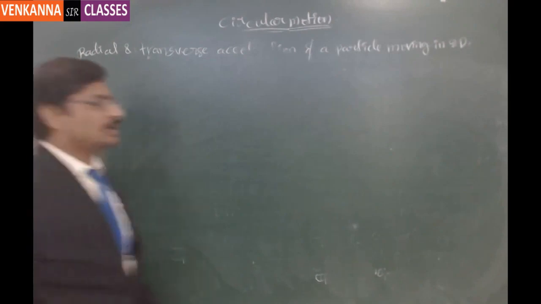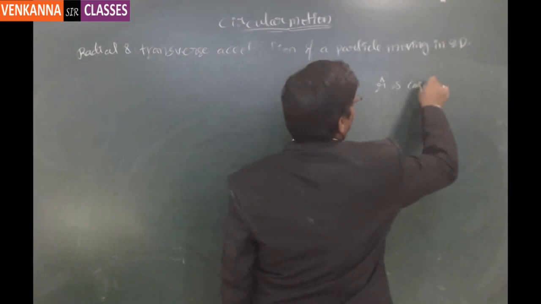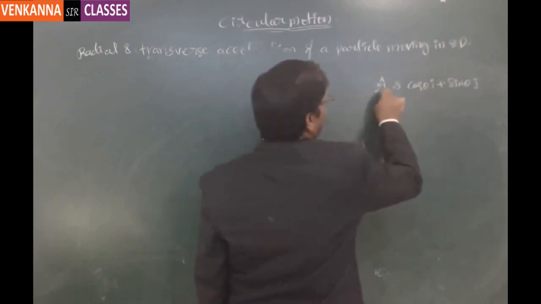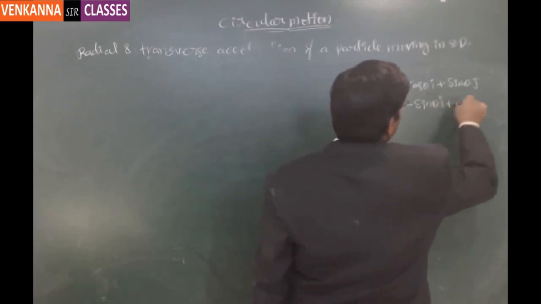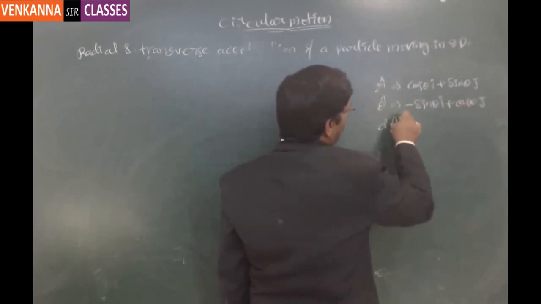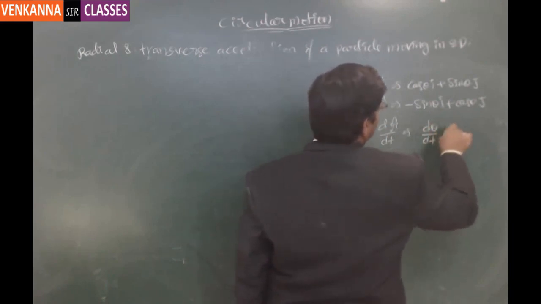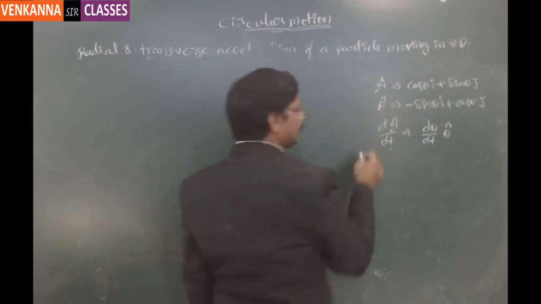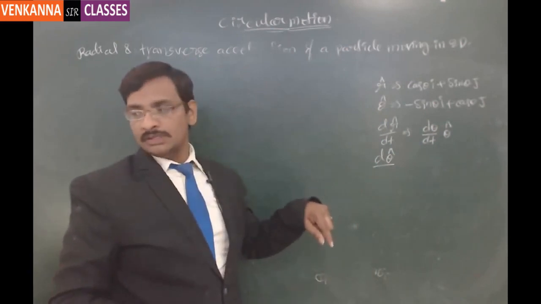So we have got the fundamental relations, that is r cap equal to cos theta i plus sin theta j, and theta cap equal to minus sin theta i plus cos theta j, and dr cap by dt is equal to d theta by dt into theta cap. And similarly, we calculate d theta cap by dt, because we wanted to calculate the derivative of the velocity again, where theta cap is involved.